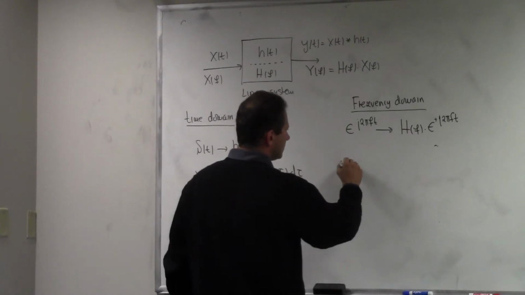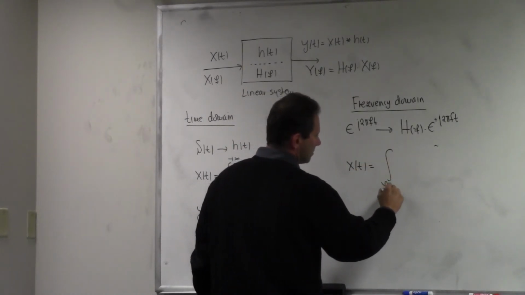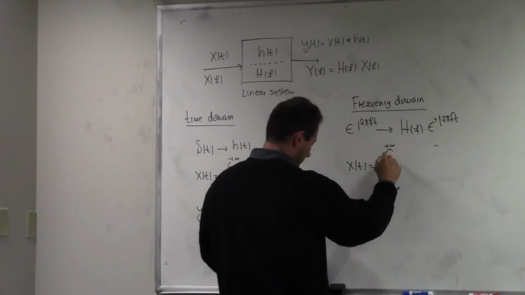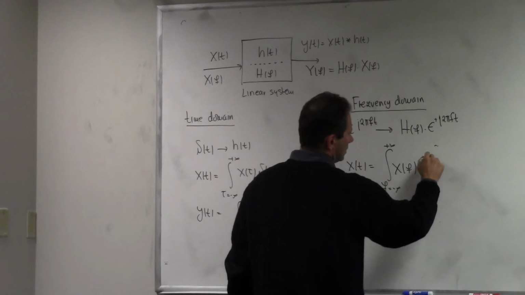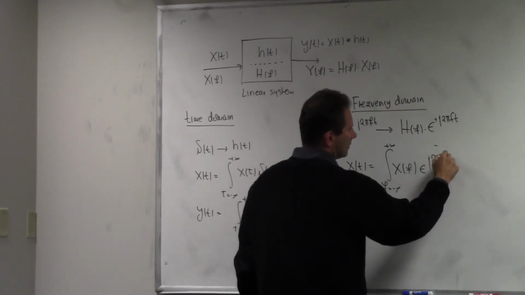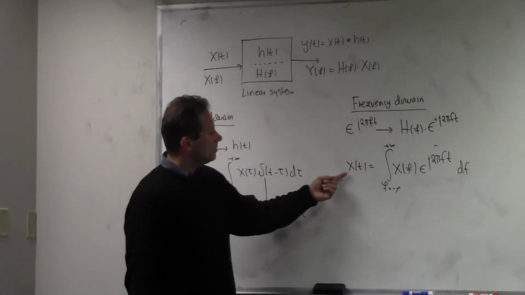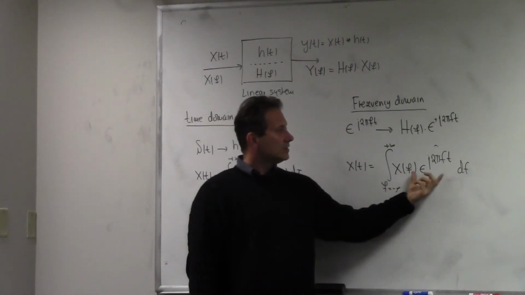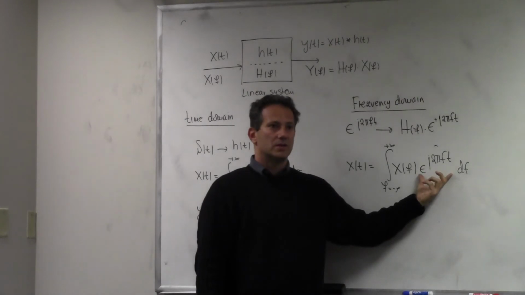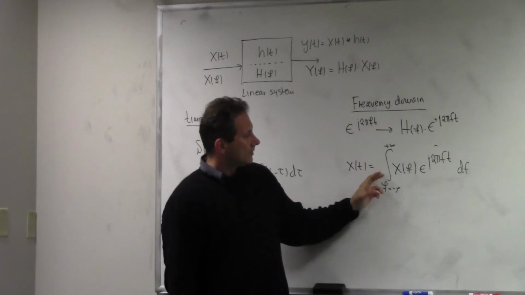I can say x of t is equal to the integral, when f goes from minus infinity to plus infinity, of x of f e to the j 2 pi f t df. So I'm saying that my input signal x of t is a sum of these individual exponentials. Think of this integral as a sum.